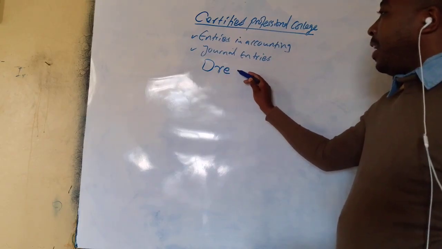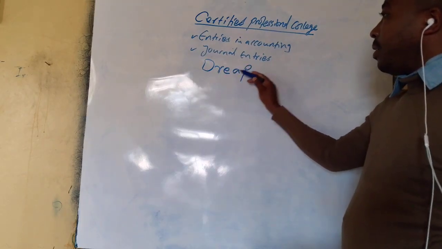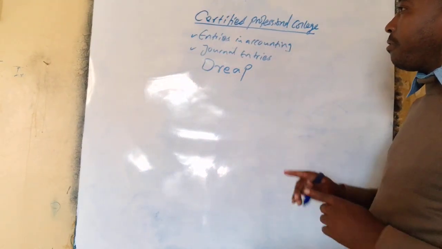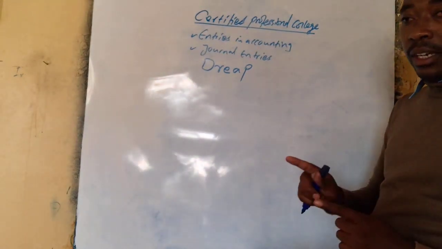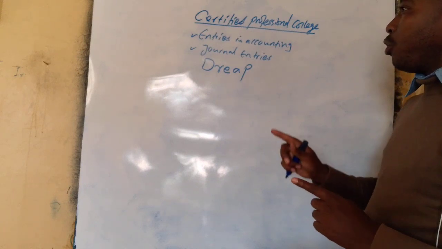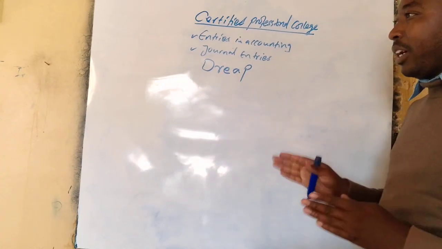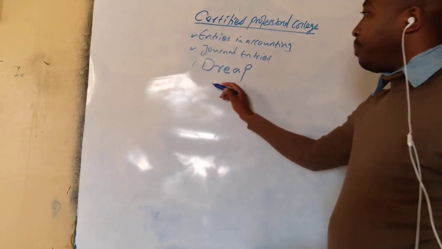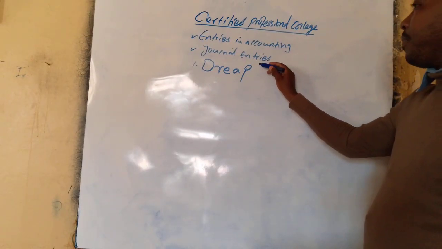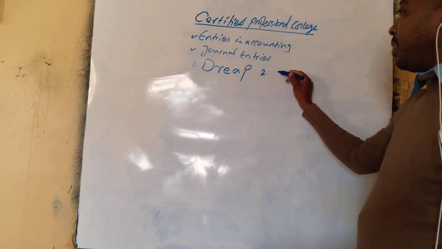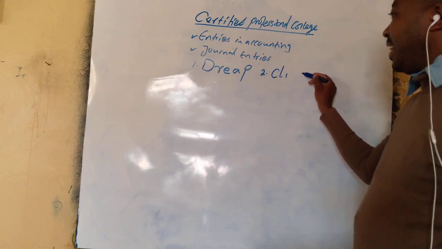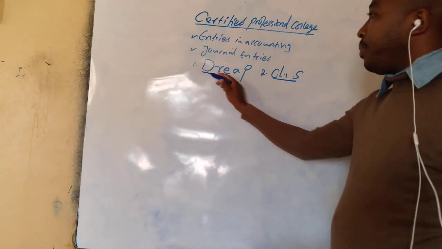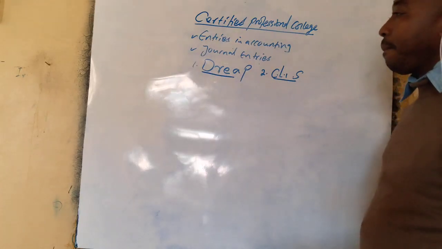These are the principles of recording in journal entry, or principles of recording accounting transactions. We use our first principle called DRIP, then our second principle is called CLIS. We have DRIP, we have CLIS.